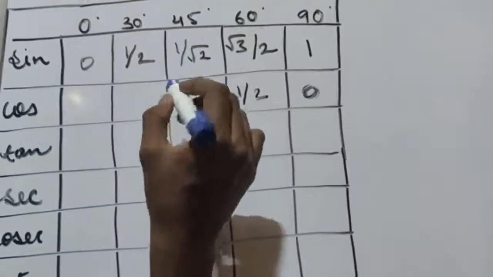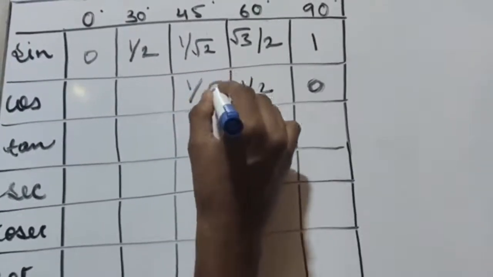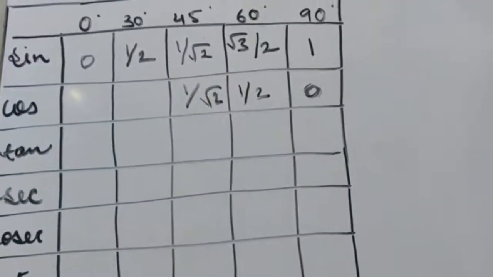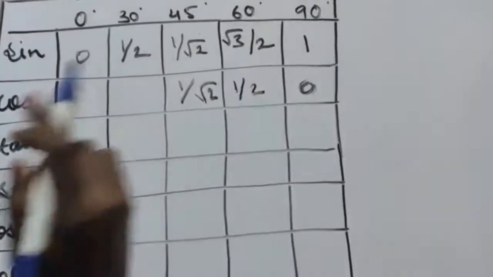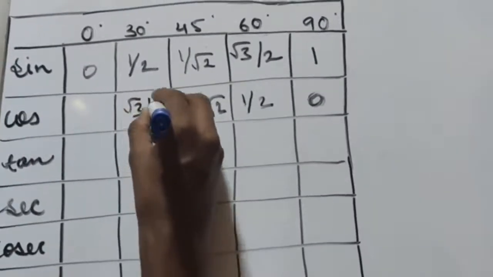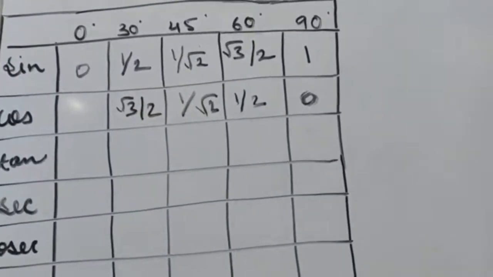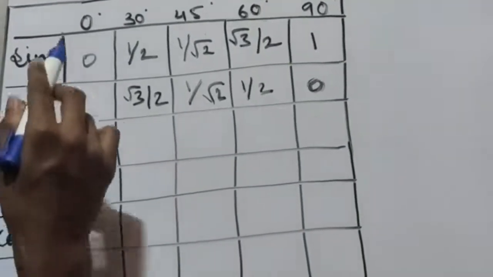Here for sine 45 it is 1 by root 2. It will remain the same for cos 45 degree. Understood? For sine 60 degree it is root 3 by 2. So it will be the same value for cos 30 degree, root 3 by 2. Similarly, sine 90 degree is 1. So we'll write cos 0 degree as 1.